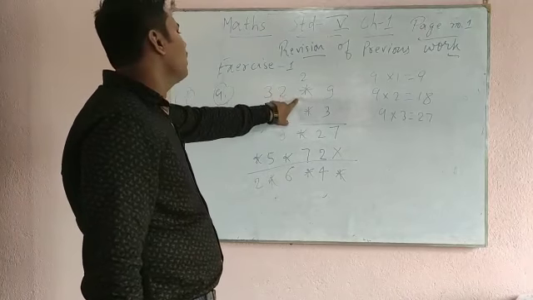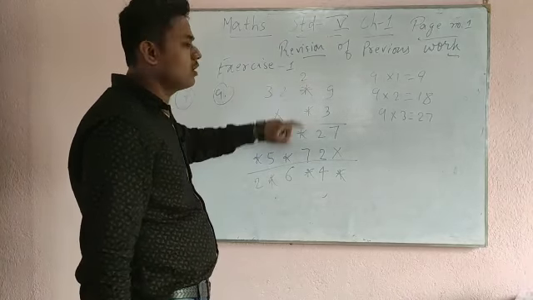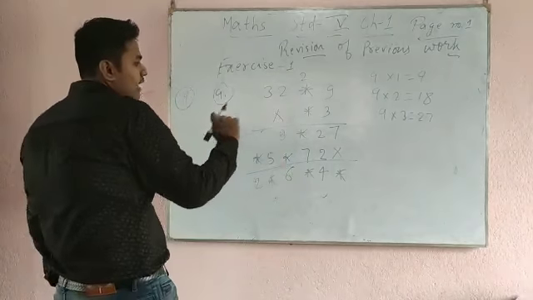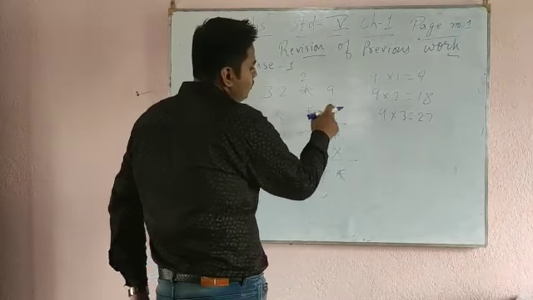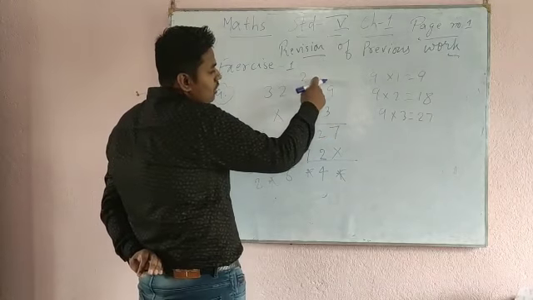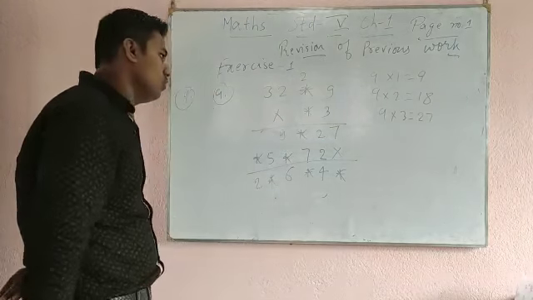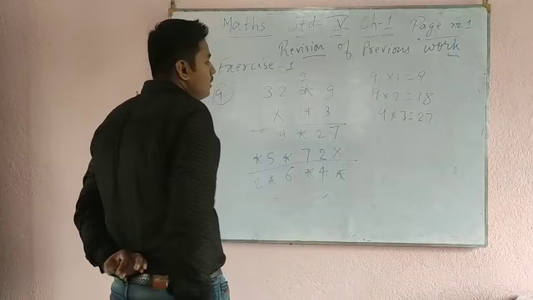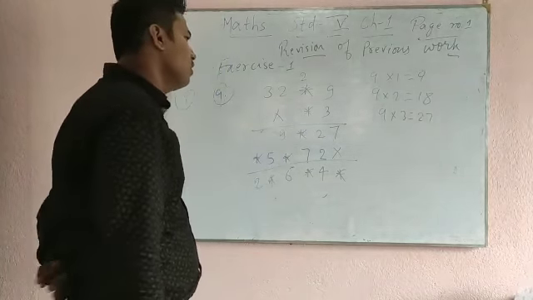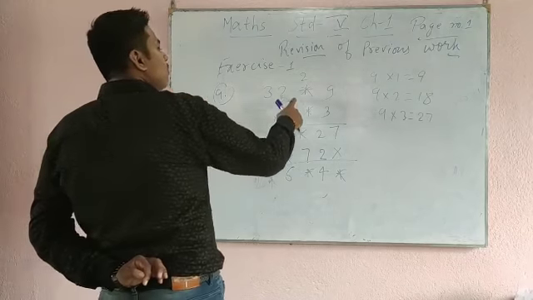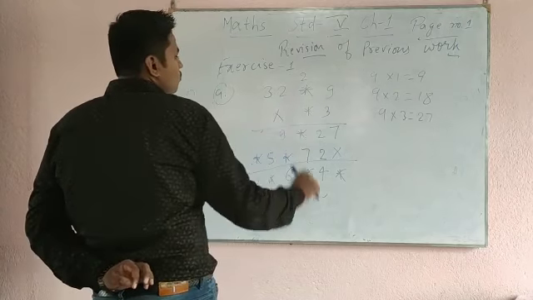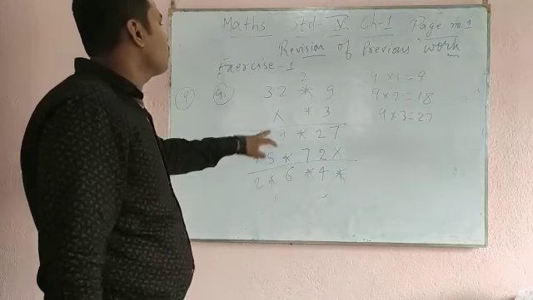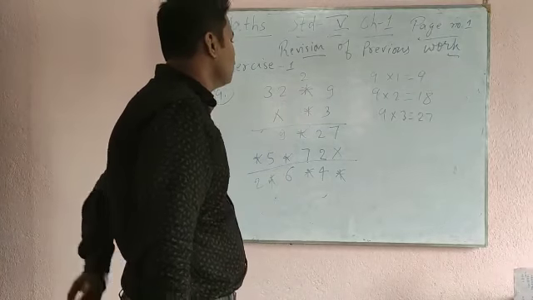See, if I put 1, then 1 into 3 is 3, plus 2 comes 5. No. If I put 2, 2 into 3 is 6, 6 plus 2 is 8. No. If I put 3, 3 times 3 is 9, 9 plus 2 is 11. No. 4 into 3 is 12 plus 2 is 14. No. 5 into 3 is 15 plus 2 is 17.